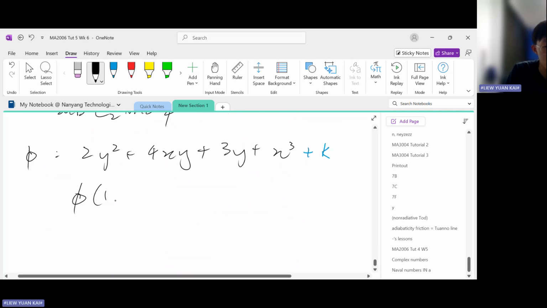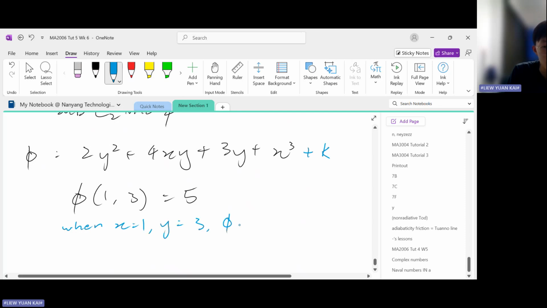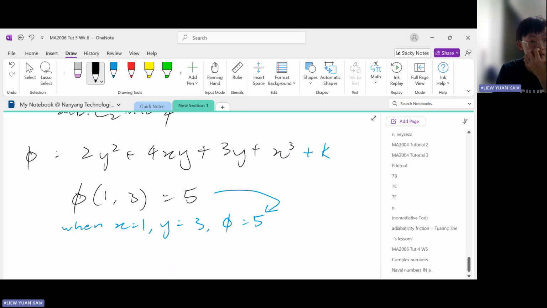So now we need to satisfy phi at (1, 3) is equal to 5. So this states that when x is equal to 1 and y is equal to 3, then phi will be equal to 5. This is what this equation is telling us. So let us go ahead and do those substitutions. Replace phi with 5.